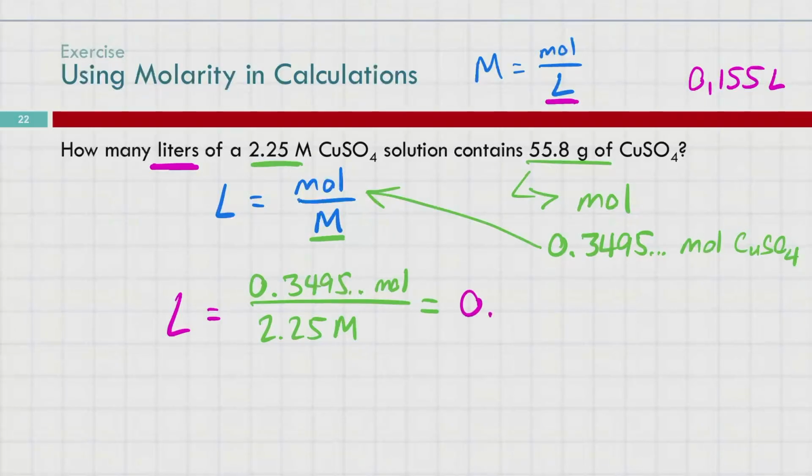We get 0.155 liters copper sulfate solution. Questions?